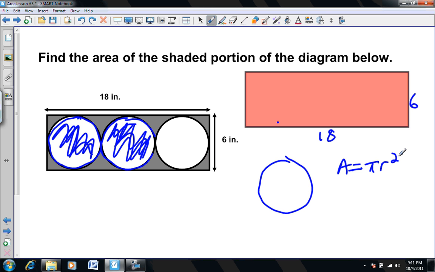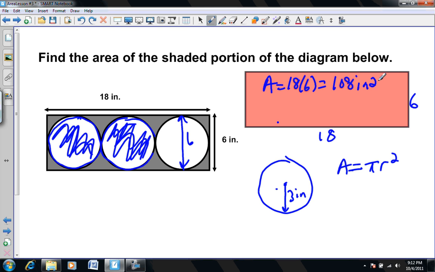So I have to think, what's the radius of this circle? Well, I know that the distance all the way across the circle is 6. That means that my radius from the middle out is going to be 3 inches. So I think I'm ready to go. The area of my rectangle is going to be 18 times 6, which is 108 square inches.